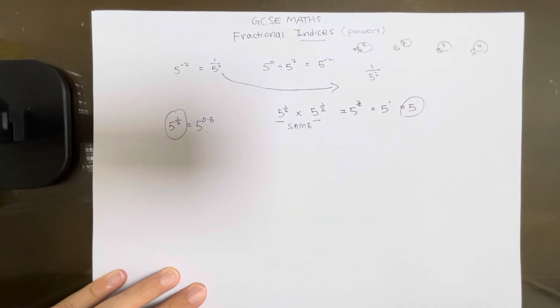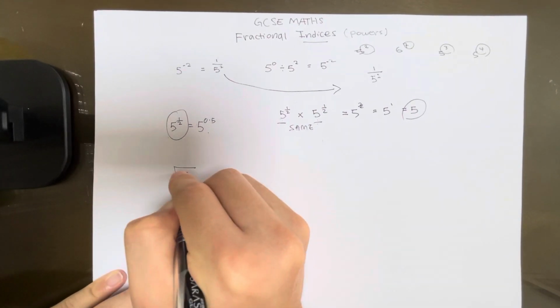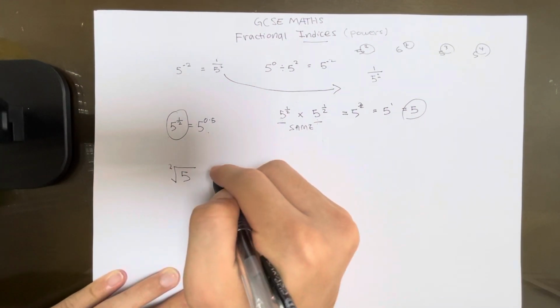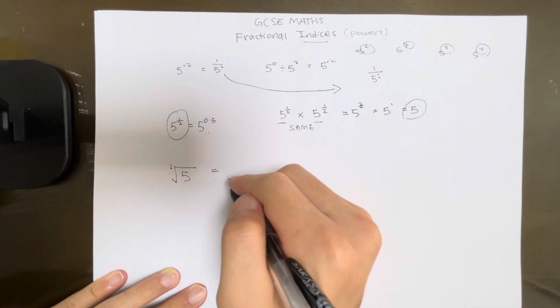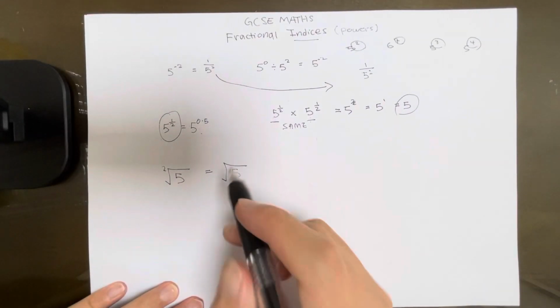What is that number? If you know, it's called a root. More specifically, in this case, it's a square root. So you could write this as 2 square root of 5 like this, but because the square root is the default, we write it as just square root 5. So what does this mean?